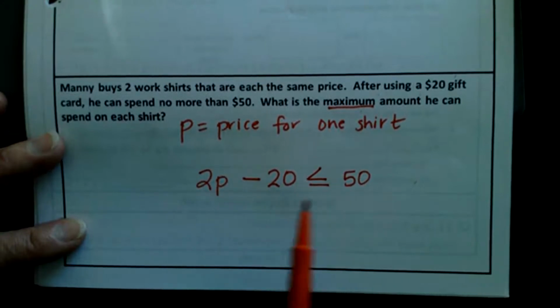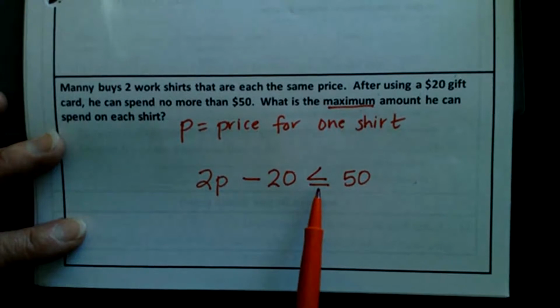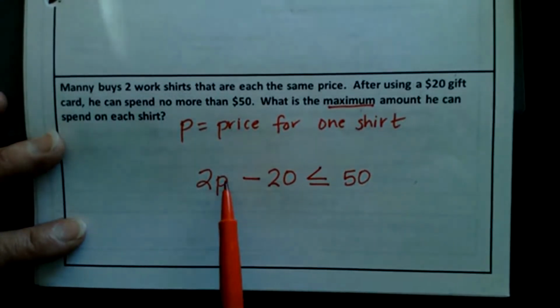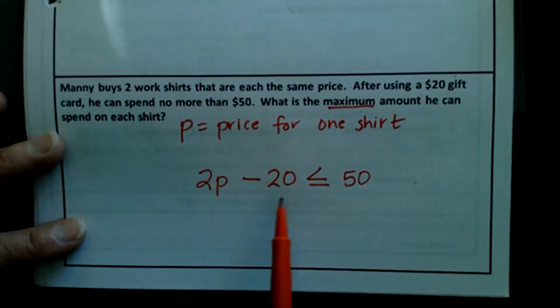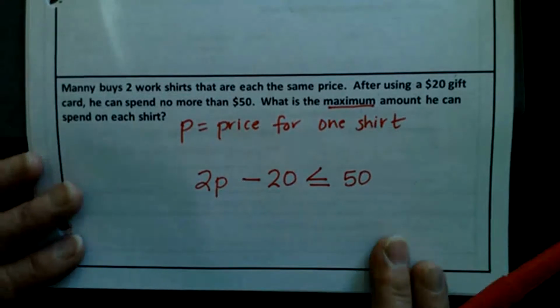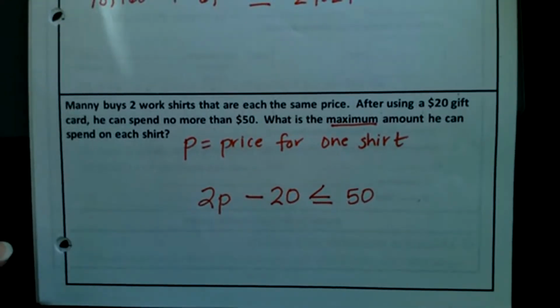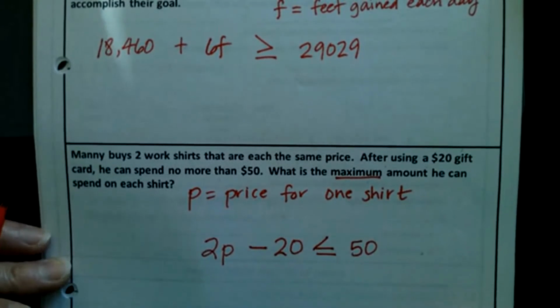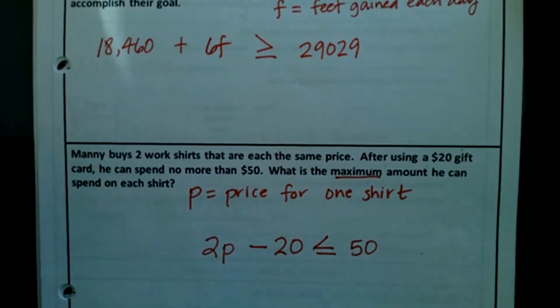So that is the inequality, because he can spend 50 exactly, which is why the equal sign is there, but he can't spend more than 50. He can spend less, but he can't spend more. So all of this has to be less than or equal to 50. And that is basically 2 examples of inequalities written from the words, okay, which is all you're doing in this lesson, is writing the inequality.